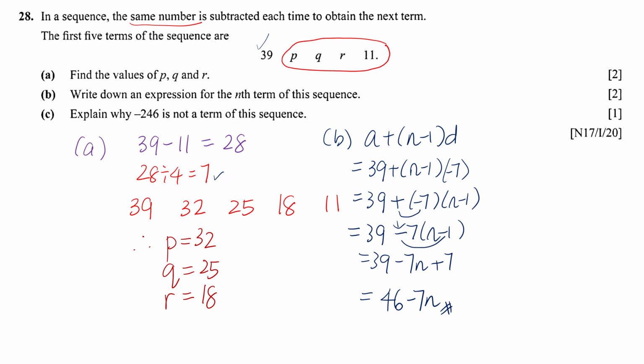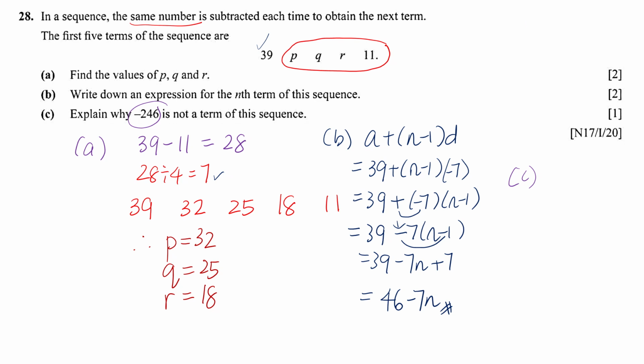we want to know why this is not a term of the sequence. Being not a term doesn't mean it is negative. Like I have shown in examples earlier on, it's possible to get a negative number in the terms.